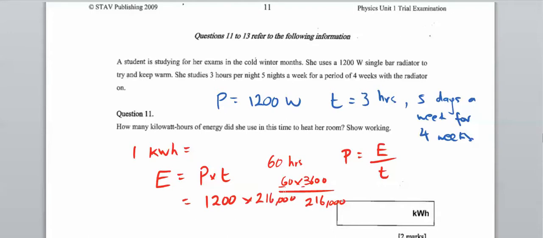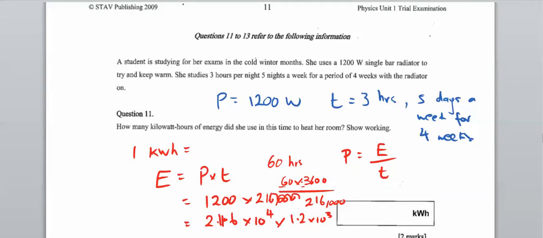Now, I'm going to do this without using a calculator. So I've got 21.6 by 10 to the power of 4 times 1.2 by 10 to the 3.